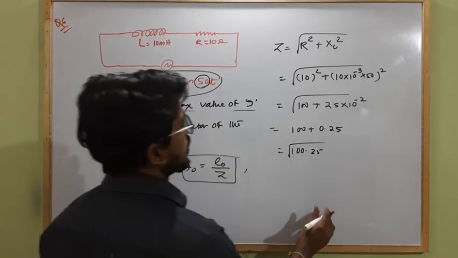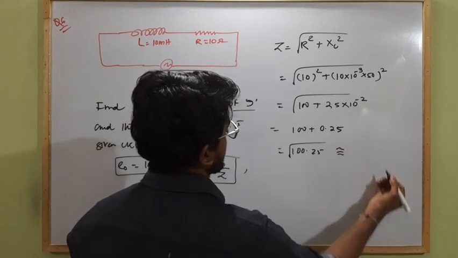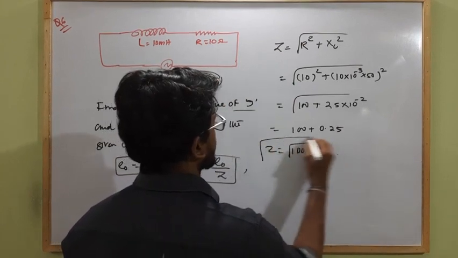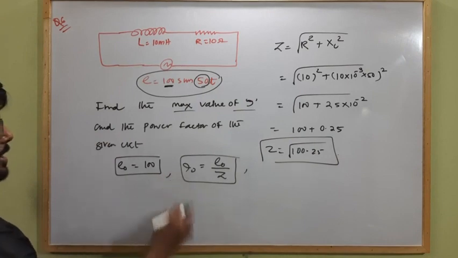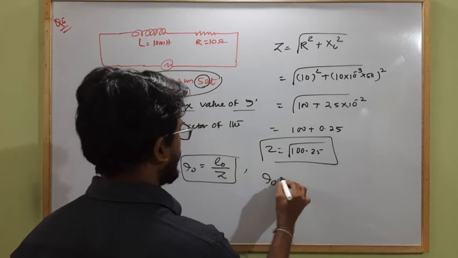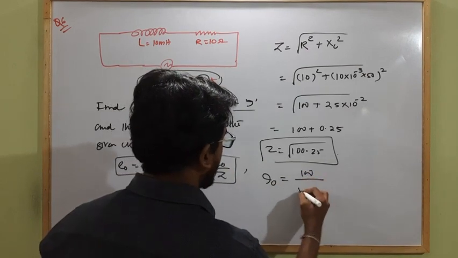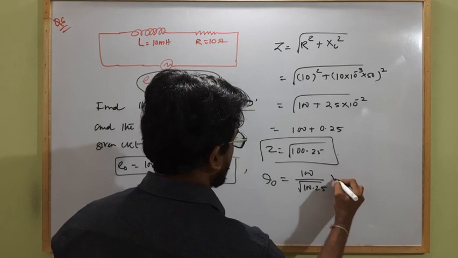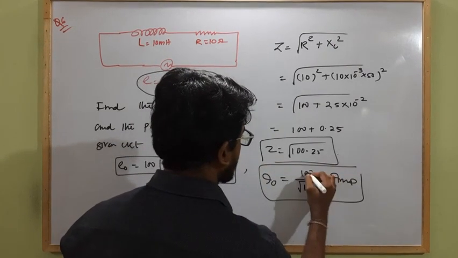Or you can write this as Z equal to root of 100.25. Clear? So what is I naught? I naught will be equal to E naught, which is just 100, divided by root of 100.25 ampere. This will be the expression for I naught.